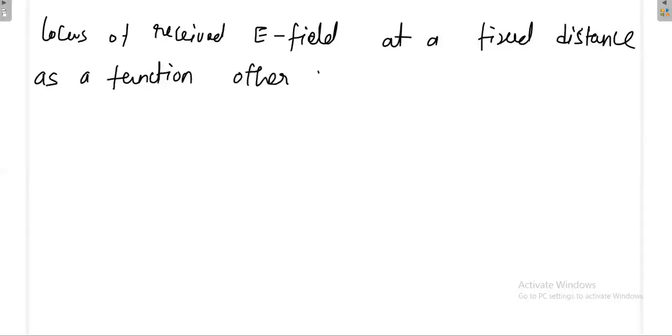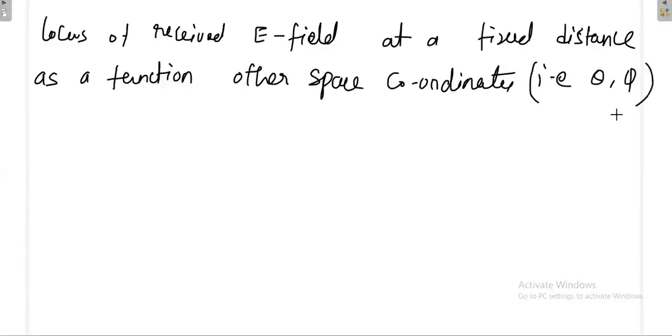At a fixed distance means R is constant. Once you fix the distance, what are the other space coordinates? Theta comma phi.